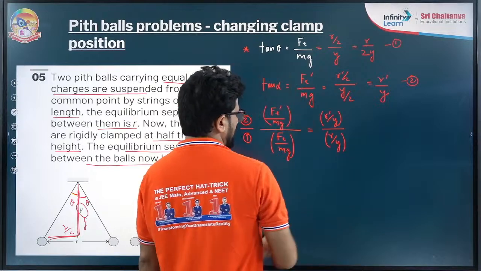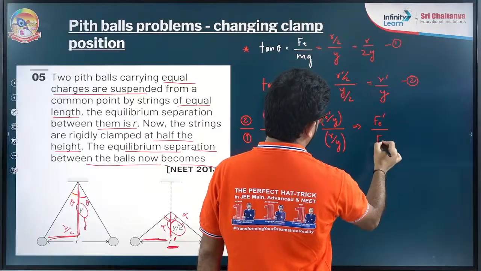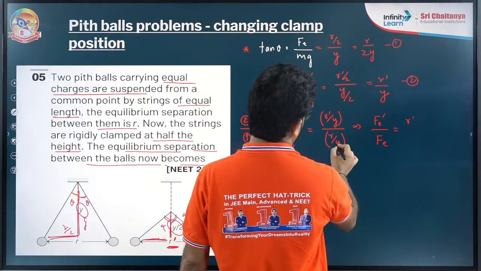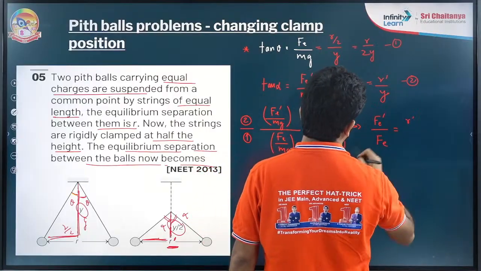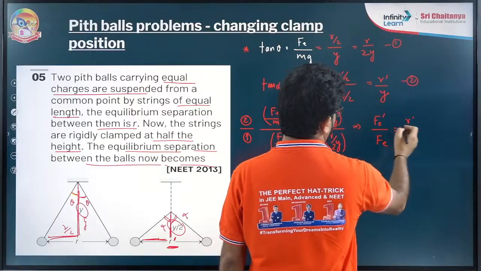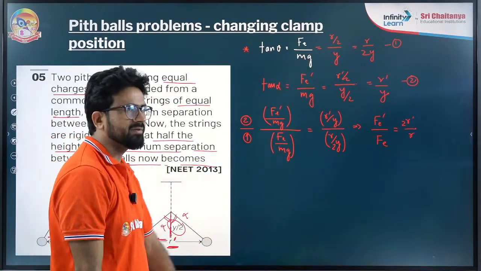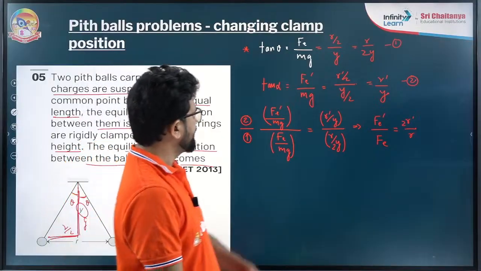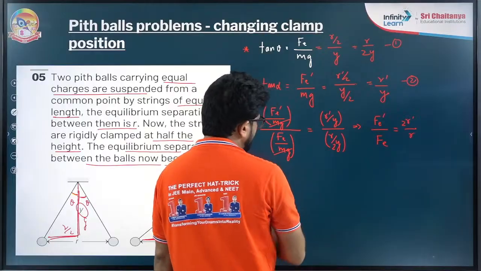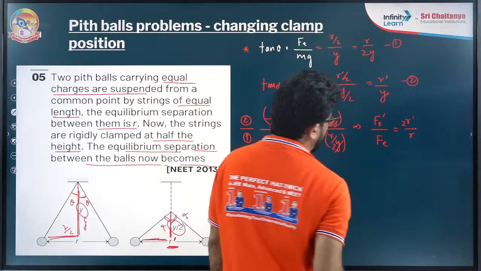From here you can say Fe prime upon Fe is equal to r prime upon r, but there are 2y actually, so this 2 will go above and it would be 2r prime. Can we understand this part better? That is Fe prime by Fe. The mg cancels, the y also cancels, so this becomes 2r prime upon r.